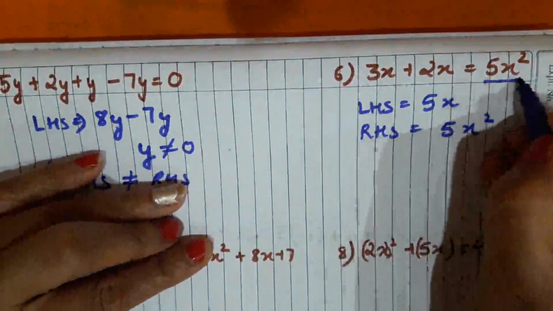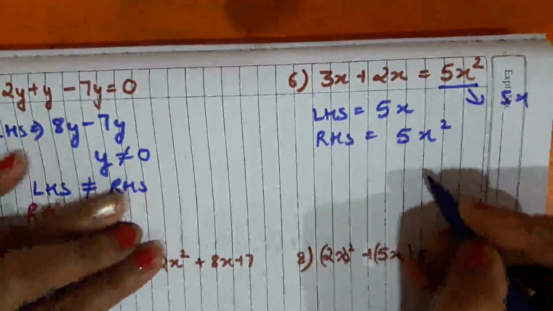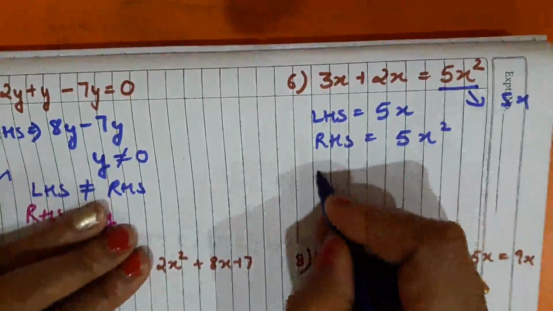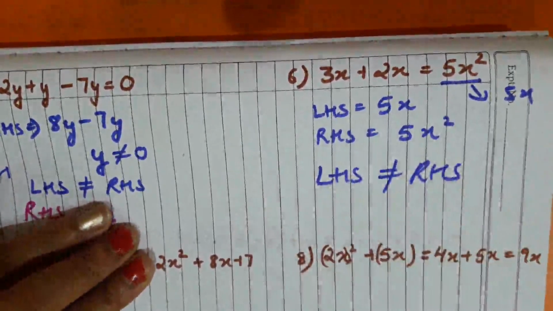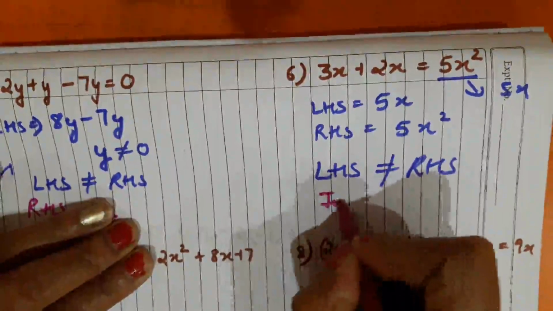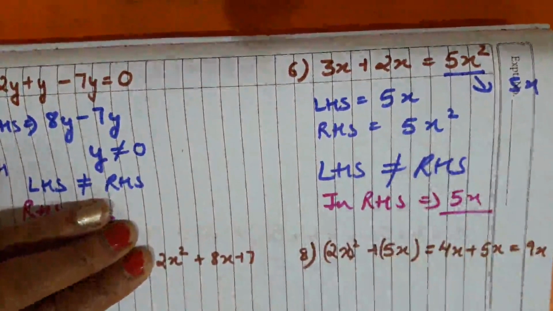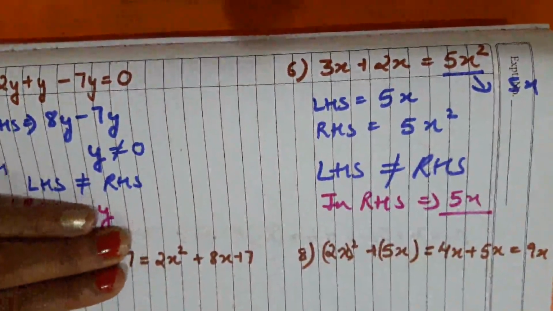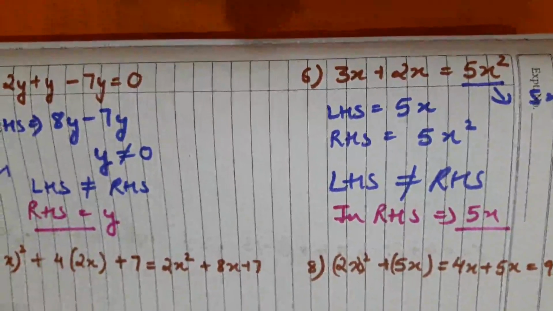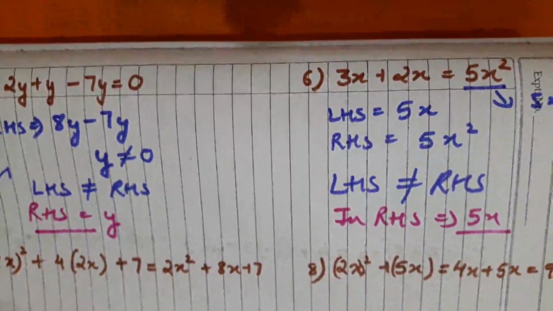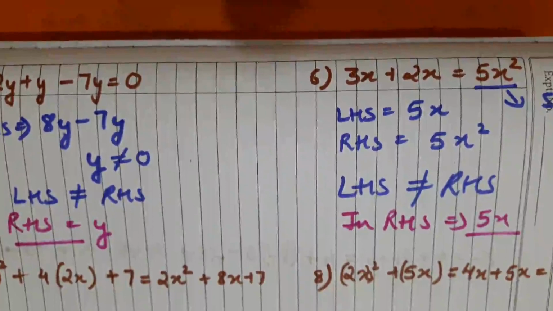If instead of 5x square we had 5x, then the leftmost side would be equal to the rightmost side, and there would be no error in this statement. I hope you are getting my point. We need to find the errors and correct them. I am telling you the errors, and also how to correct them.